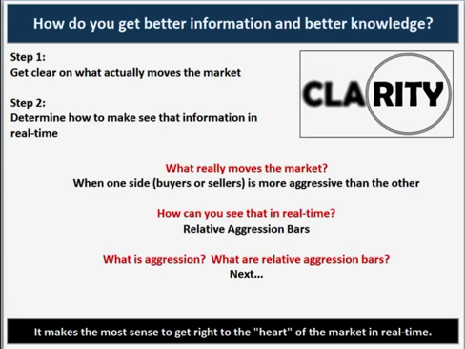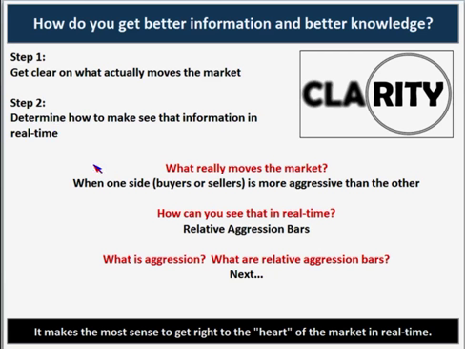So, that idea of being a decision maker, you need better information. You don't just need a lot of information, but you need better information. We look at that as a 2-step process. Number 1, get clear on what actually moves the market. And then number 2, determine how you can see that information more clearly.